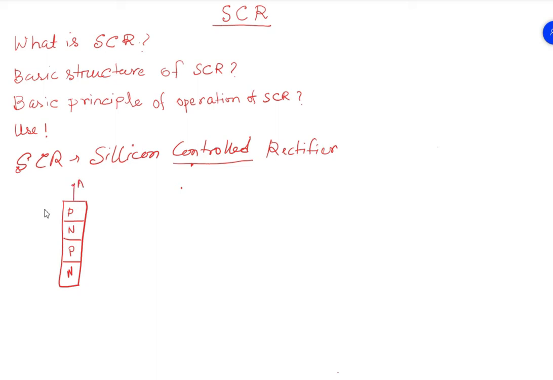This is my anode terminal. This is my cathode terminal. This is one extra terminal that is called the gate. So this is my schematic diagram.